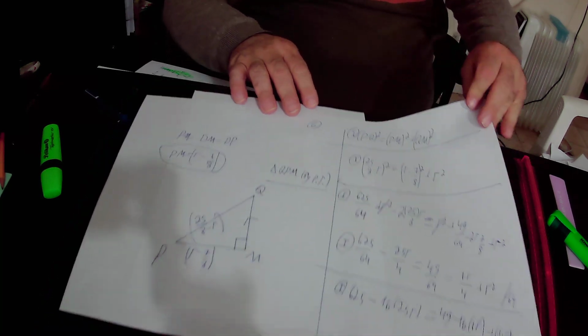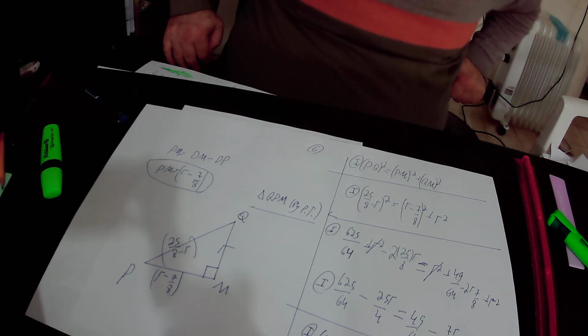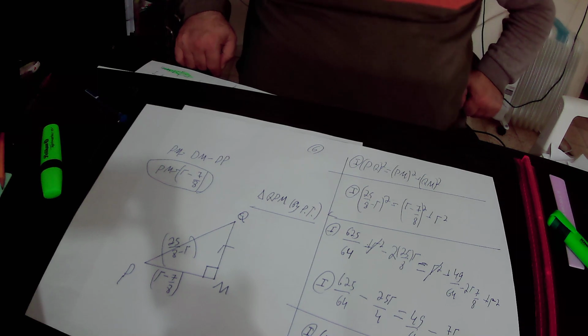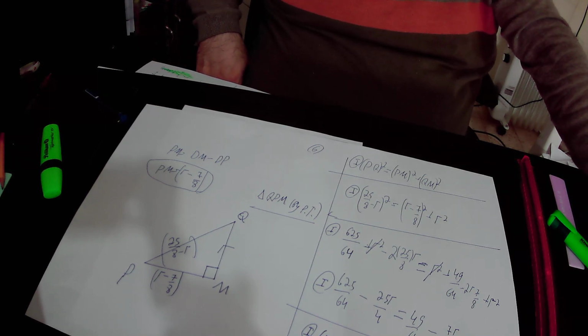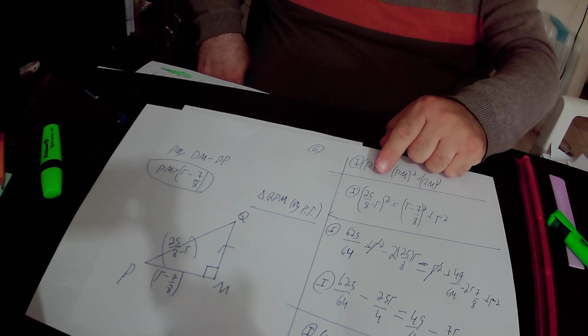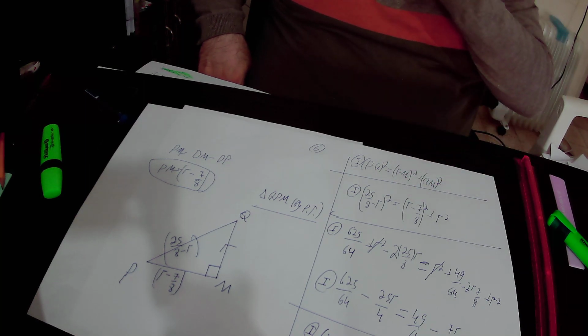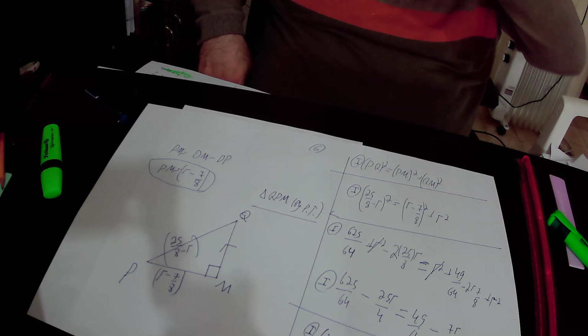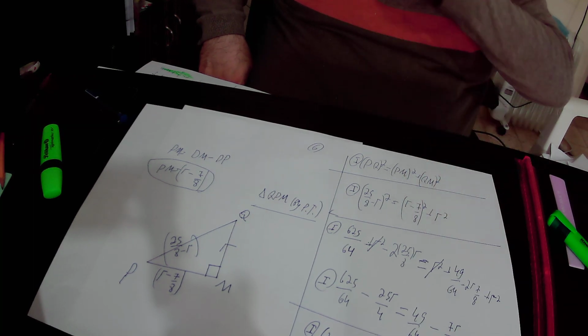So here we open the brackets on both sides of this equation, equation number 1, and find that (25 over 8 minus r) square equals 25 over 8 square, that is 625 over 64, plus r square, minus 225 over 8 times r.